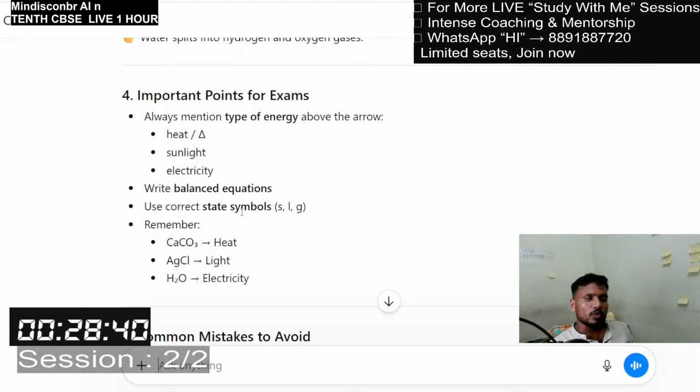Write a balanced equation; always write a balanced equation in the exam. Also give the state of the substance while writing the chemical equation. Use correct state symbols, that is solid, liquid or gas.